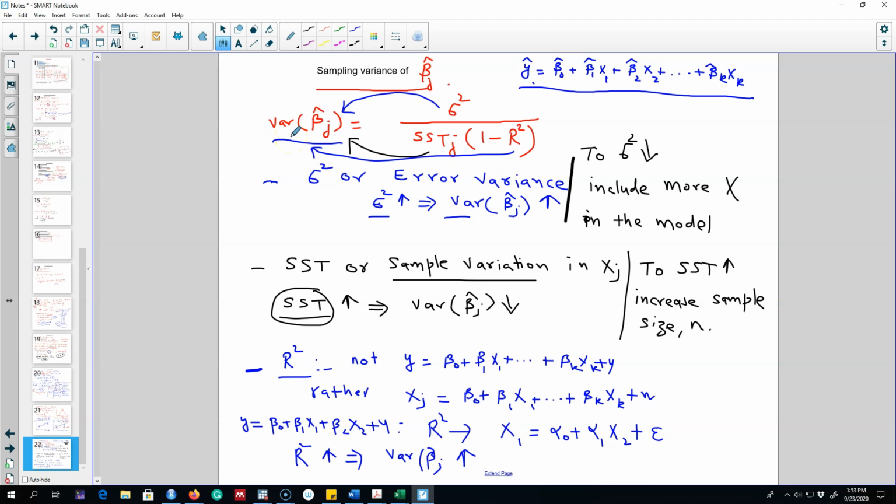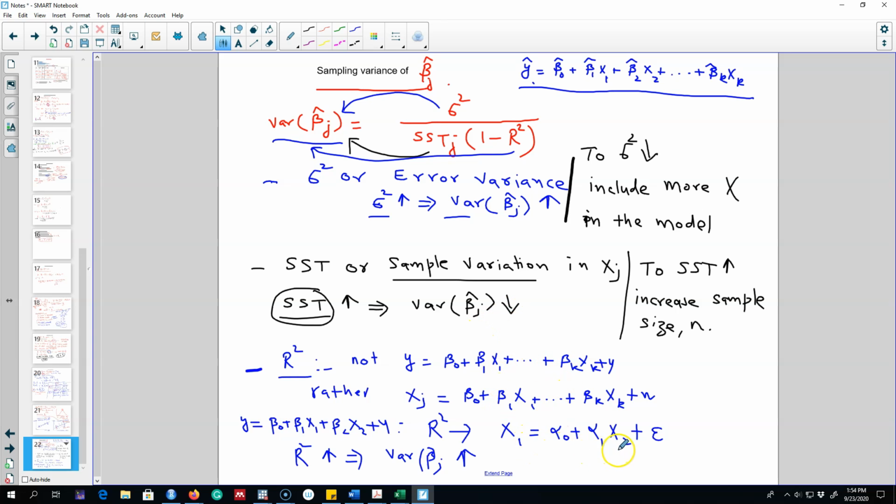What this means is that x1 and x2 are highly correlated, and as r squared increases to 1, variance of beta j gets larger and larger. That is, a high degree of linear relationship between x1 and x2 can lead to larger variation for the OLS slope parameters. The smallest variance of beta j is obtained when r squared is very close to 0. This is what we want.